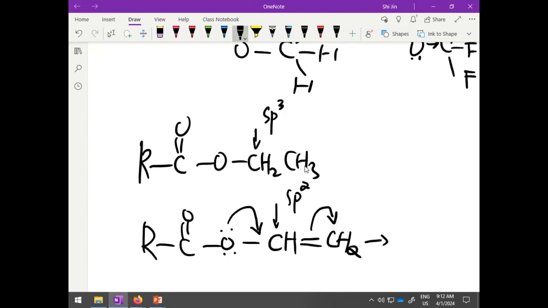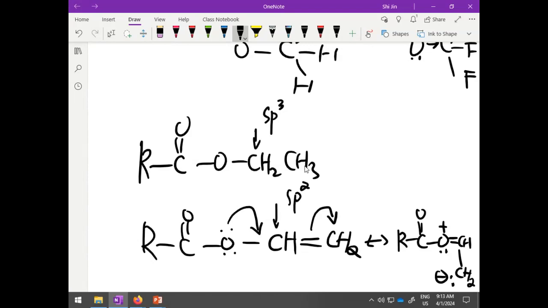So that makes the oxygen lone pair less available to the carbonyl carbon.